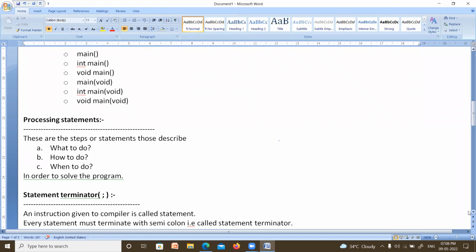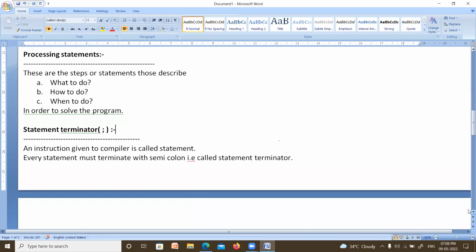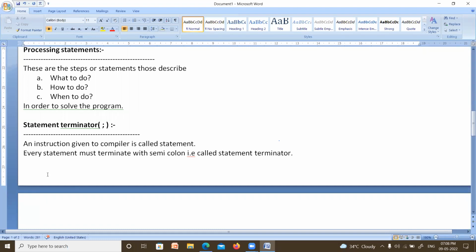Can I scroll down up to processing statements? Kamlesh, good. Right. Jyotirmay, good.